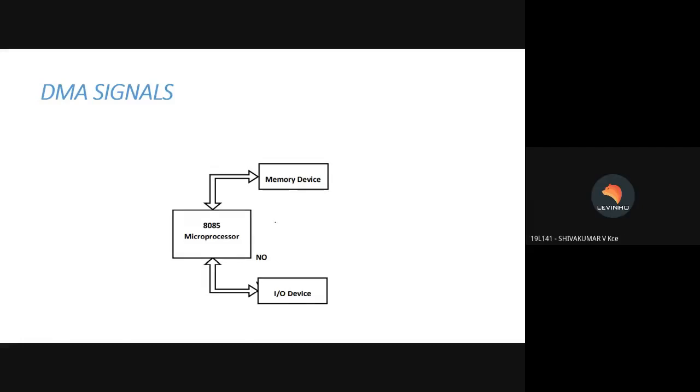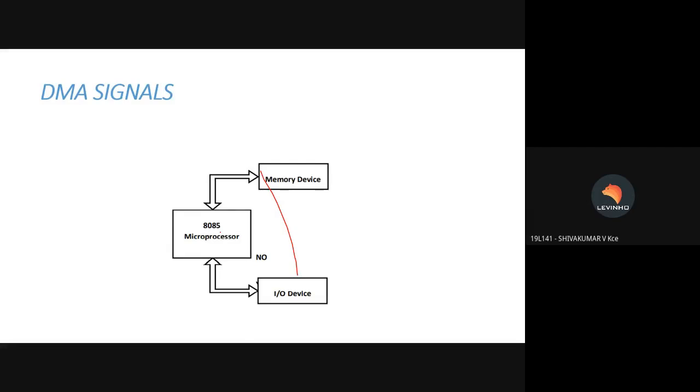In this way, we are going to transfer the data from memory to IO device with the interruption of the microprocessor. So it is a slower process. Without getting the data into the CPU, we cannot transfer data to another peripheral device directly. To transfer the data from memory to IO device, the microprocessor is essential. It's a slower process.